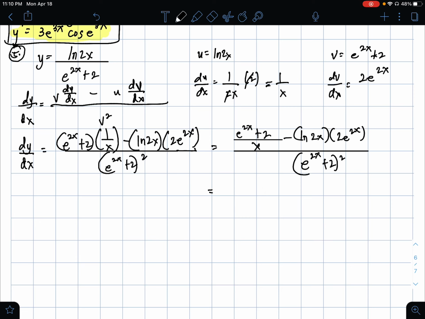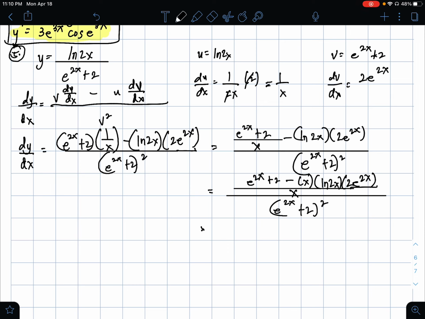So, pag ano na to siya, class, may mo siya og x ni diri kani e2x plus 2 minus x times ln of 2x times 2e2x all over e2x plus 2 squared. So, baba na to si x, mahimo siya og e2x plus 2 minus x times ln of 2x times 2e2x.